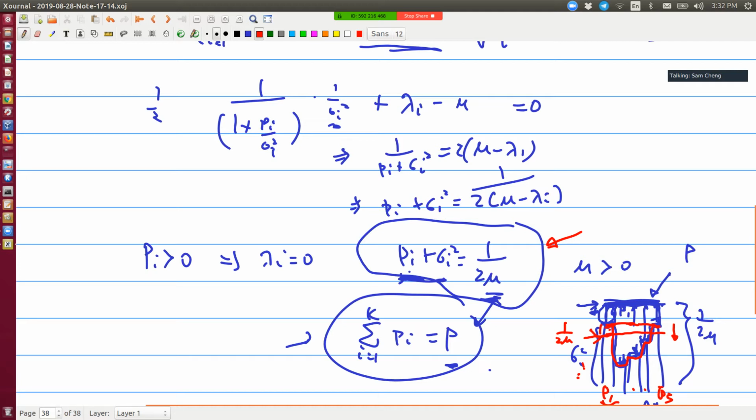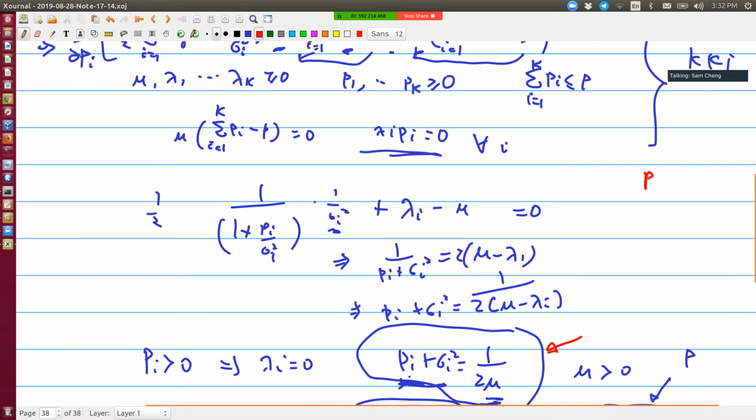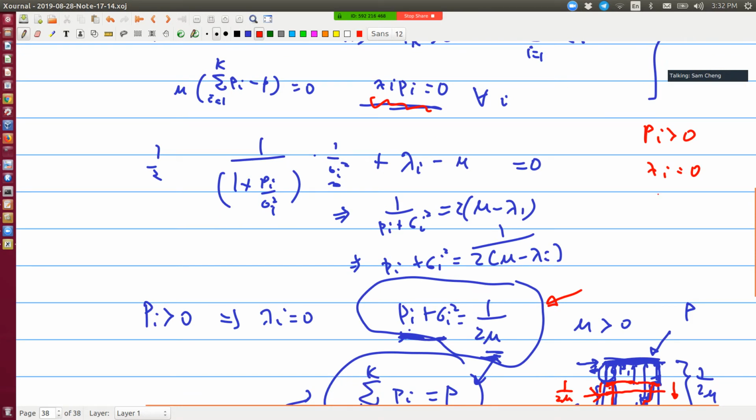This is okay because of what we have here. Remember, we claimed that when P_i is positive, then lambda_i is equal to 0, from the complementary slackness. Now if P_i is allowed to be 0, then lambda_i can be positive.